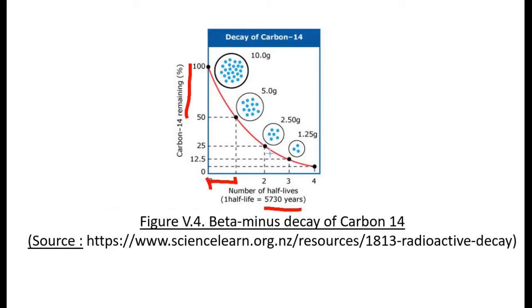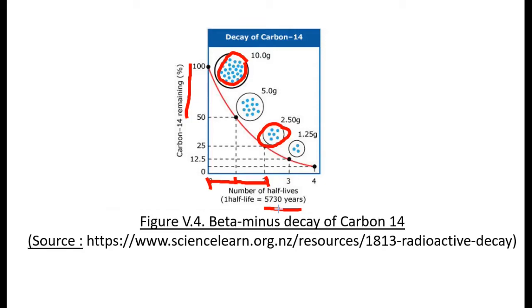If a sample only has a fourth of the initial amount, so here, imagine the sample started with 10 grams and now there's only 2.50 grams, well, we know that it takes another half-life, so more than 11,000 years to decay.